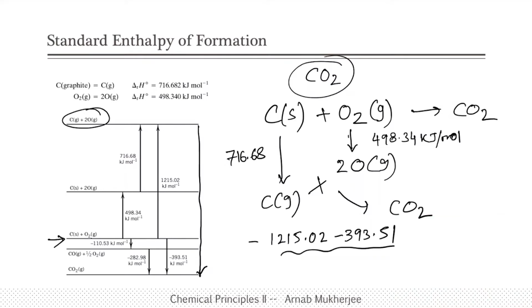This is the total amount of bonding energy that we get by making C and O. And how did I calculate that? Because I know this is 0 and this is a positive 1215.02 and this is my negative 393.51, right. So, I am now taking a difference from here to here, therefore, it will be 393 minus this one, and that is how we get this total number, right. We can calculate that.